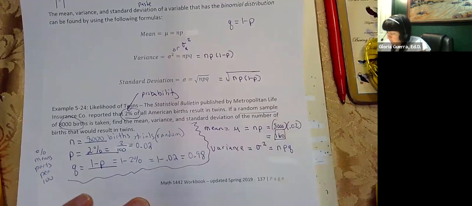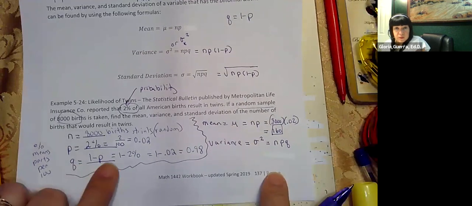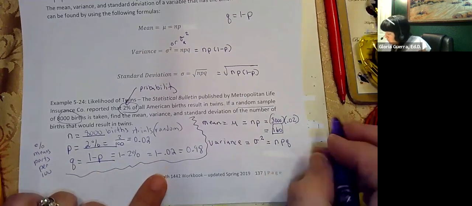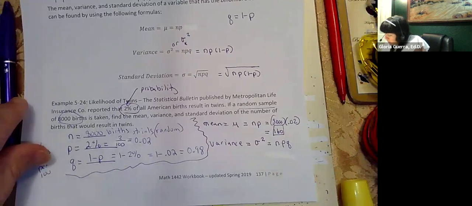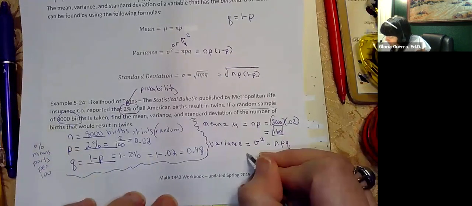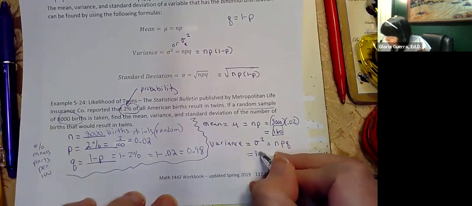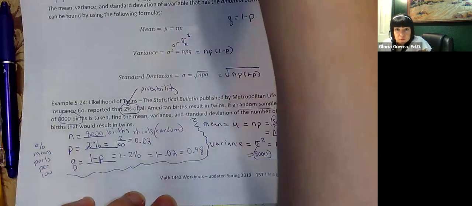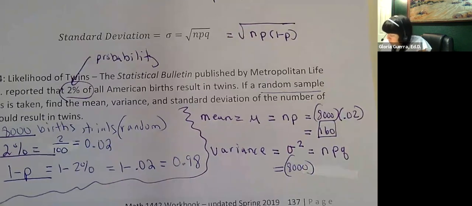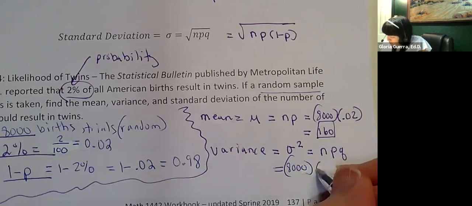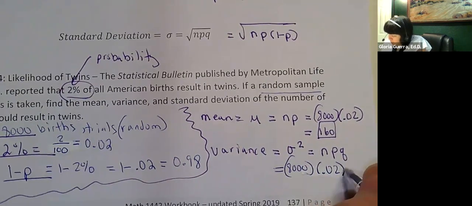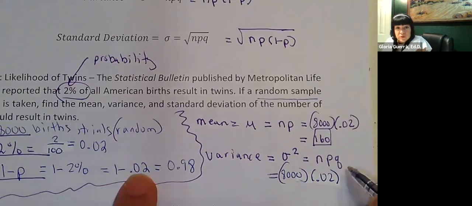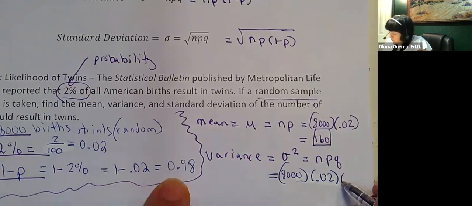So since I already put q over here, then I can just say n, which is 8,000, times p, which is 0.02, times q, which I already did on the side here, so I can just say 0.98.